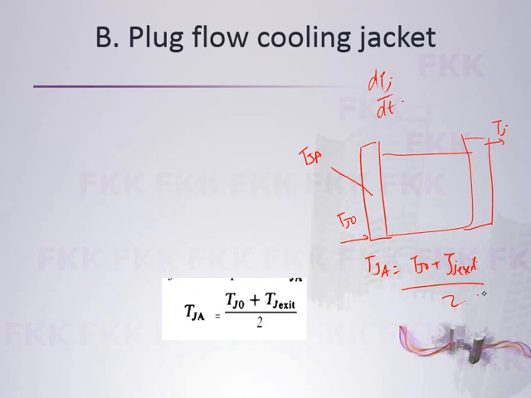So in this case, if you want to do the balance for TJ, it becomes dTJA on dt, and so on. Just now it was dTJ on dt only. We assumed whatever comes out is the same as whatever is even in here, so your T is TJ already, which is not. It is way off.